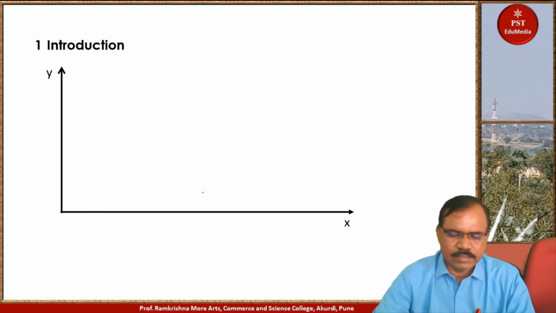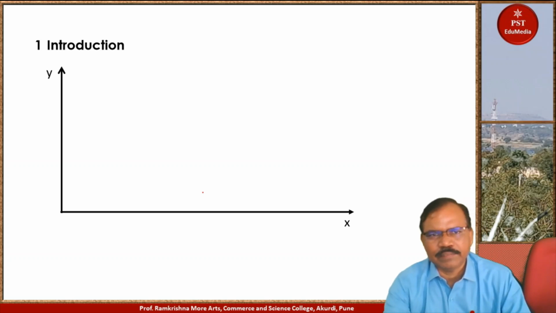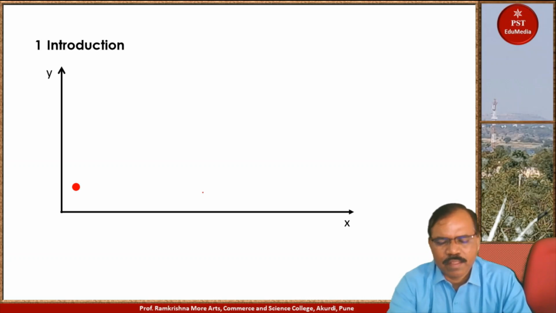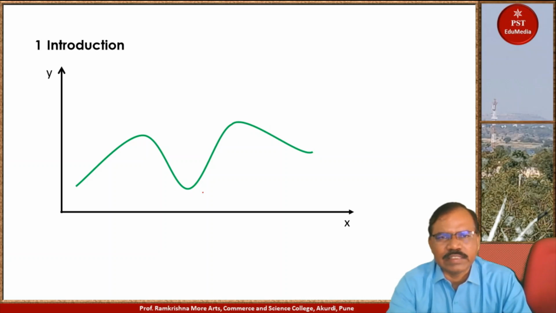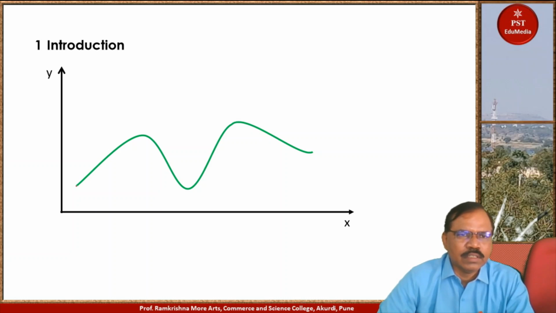Now let us take a simple xy plane here, and suppose we take a body of some mass m, and suppose this body is moving on the xy plane. So this is the path, and suppose this is the starting point and this is the end point.